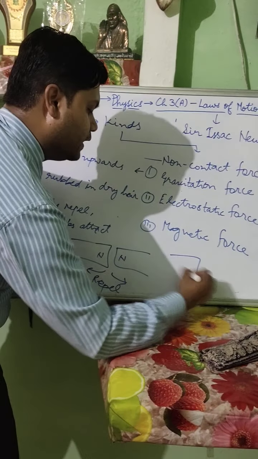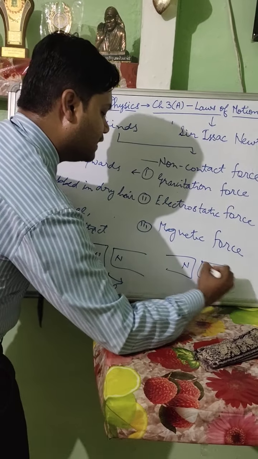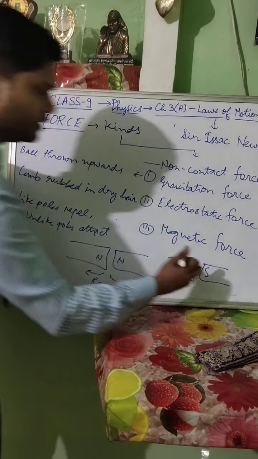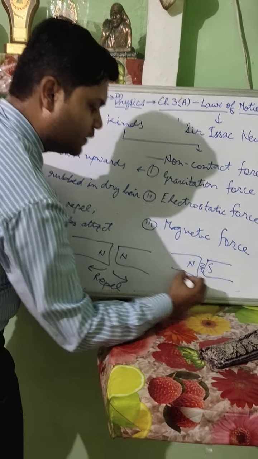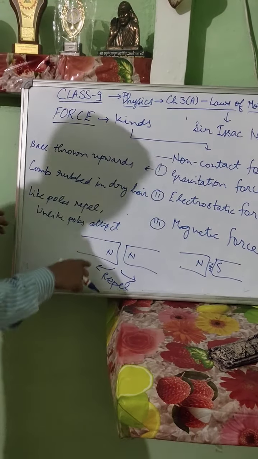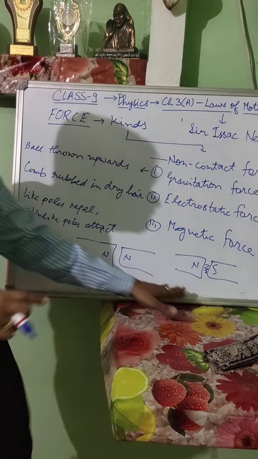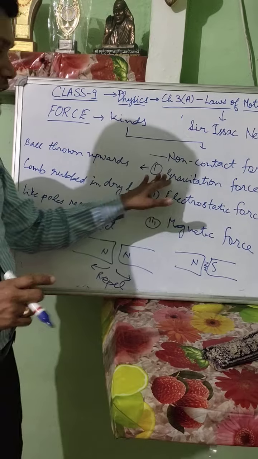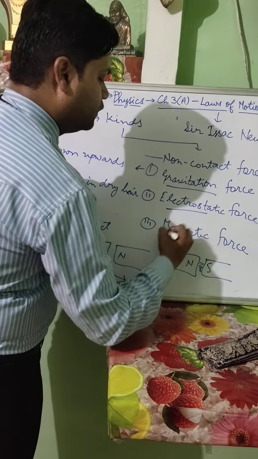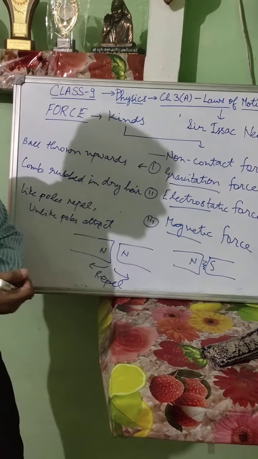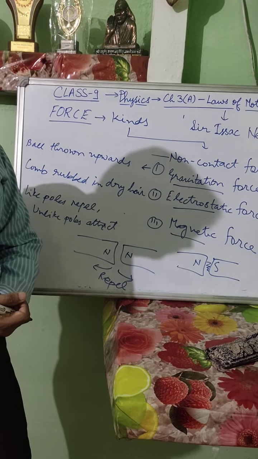And if we bring two magnets having opposite poles near to each other, north and south, then they will come together. So are the two poles in contact? No. Here also, previously they are not in contact. So gravitational force, electrostatic force and magnetic force come in the category of non-contact forces.